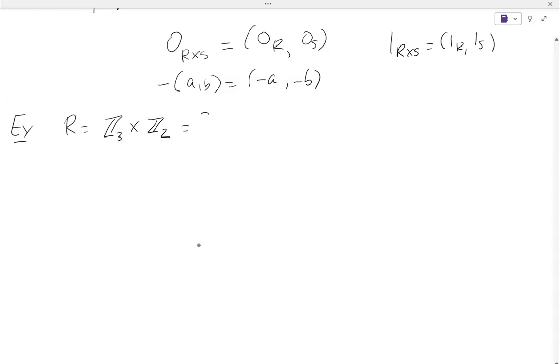First off, how many elements would we have? How many elements does Z3 have? How many? 3? Okay. Are you sure? How many elements does Z2 have? 2. Right? So how many elements is Z3 cross Z2 going to have?